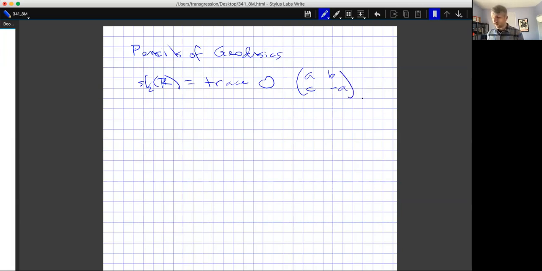And this has a symmetric bilinear form on it, where we say that the inner product of A and B is, I've totally forgotten the sign, I believe it's -1/2 times the trace of AB, right? And this was jerry-rigged so that when we take the norm of a vector, whoops, we get its determinant. So we're looking at that inner product space. And this, of course, is a Minkowski space, three-dimensional.